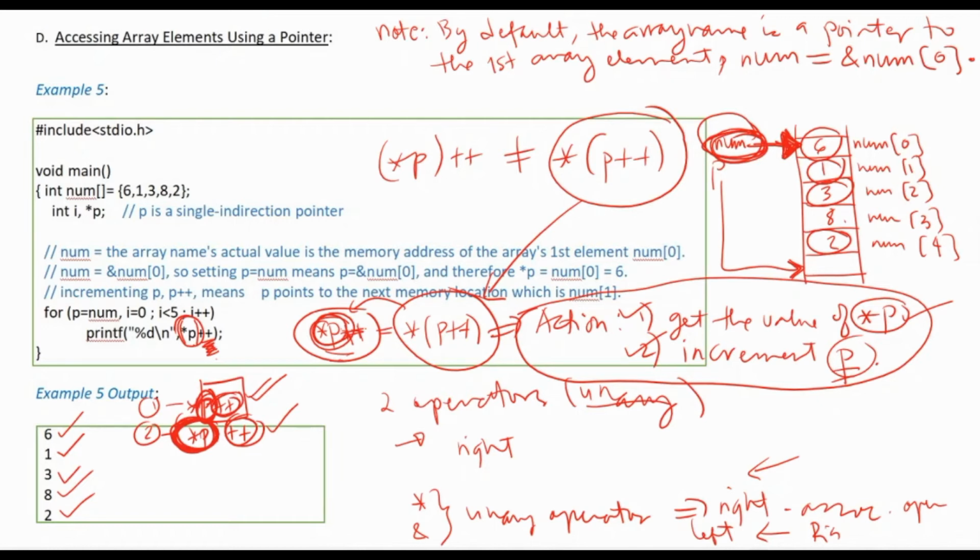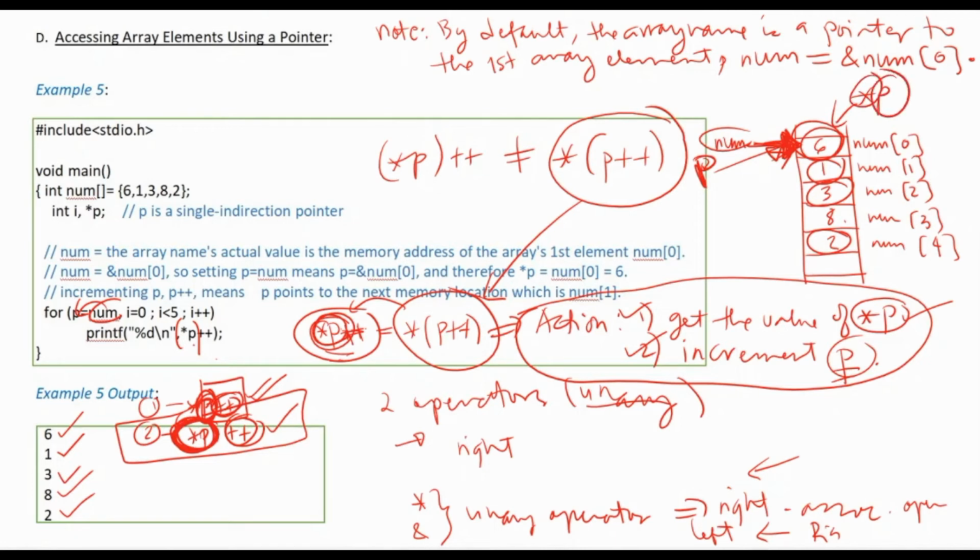It's not the same. So in this case, if you use the second expression by putting parentheses enclosing this sub-expression, what will happen is that at the start of the for loop, upon initialization, you make p point to the first element, num[0], where num is pointing, because you assign num to p. And every iteration, you increment asterisk p, which is the value pointed to by p.